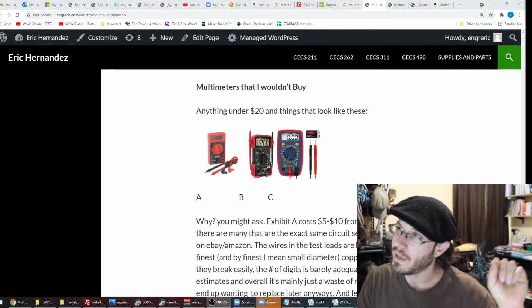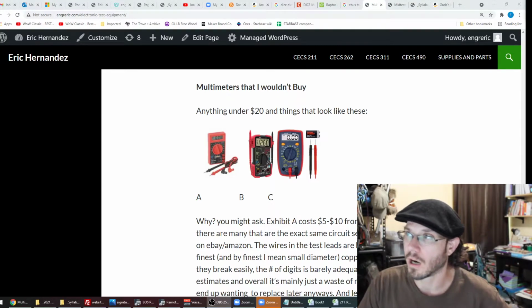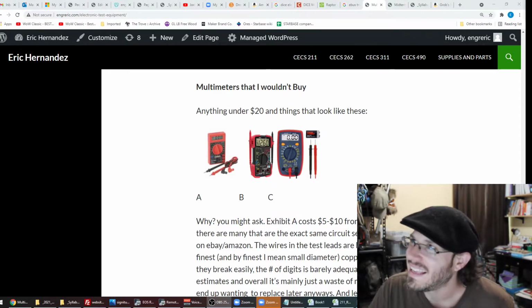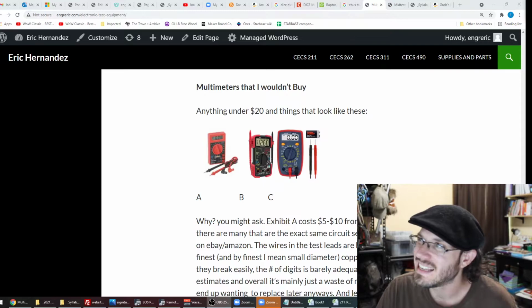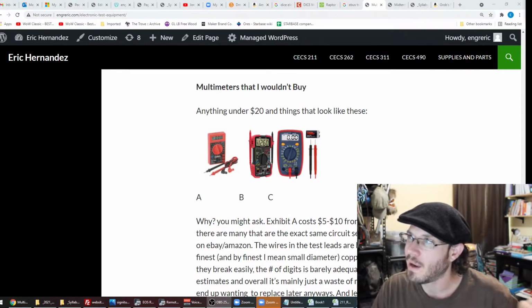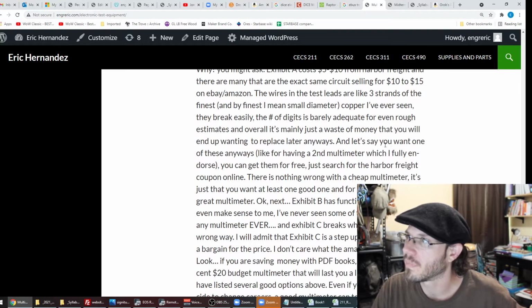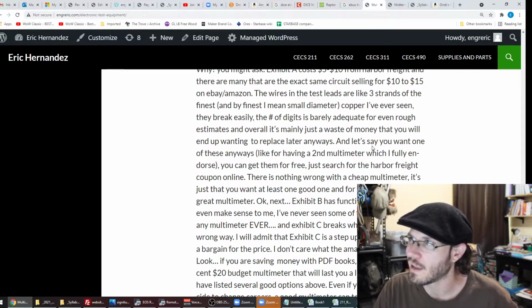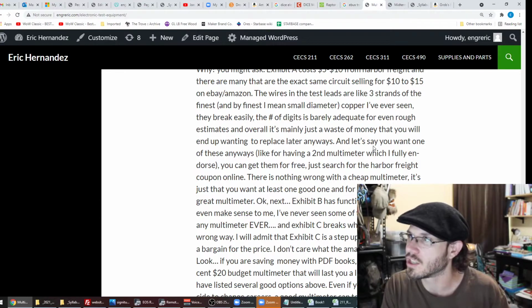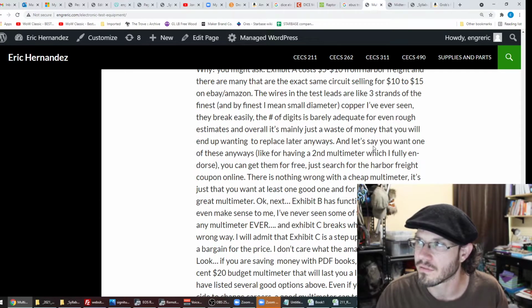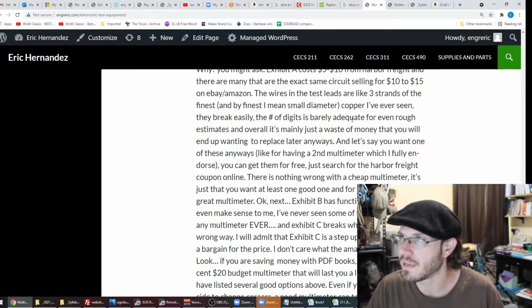And that price point changes at the $20 mark. Okay, so anything under 20 that looks like these, I would stay away. I give my reasons why over here. Thin wires, cables break, connections are not that good, chintzy construction, inaccurate values. Lots of reasons.